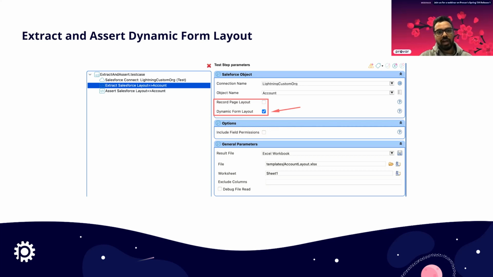But we have made some enhancements to our existing extract and assert layout API, where now the user will see another option of extracting dynamic form layout as a part of this API. So if any of the objects has been upgraded to dynamic form, you will have the capability to extract the layout information of the dynamic form page, and you can assert it using the same extract and assert layout API.